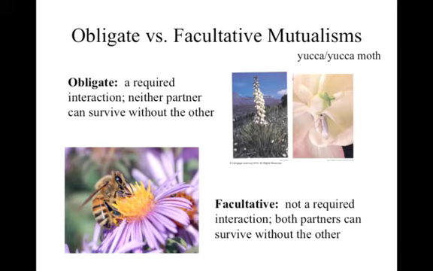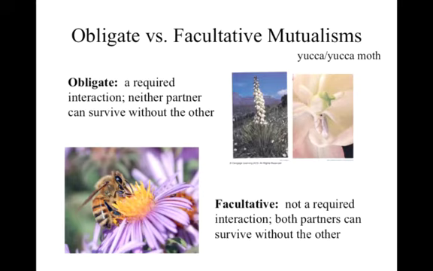Different scenario with facultative mutualisms. With facultative mutualisms, both parties can benefit, but they are not required. So they don't need each other. And here I have a honeybee trying to get some pollen and nectar out of an aster-like plant. Well, honeybees pollinate many, many different things, asters included. They'll pollinate asters, they'll pollinate blueberries, they'll pollinate almonds, they'll pollinate literally anything in your garden.